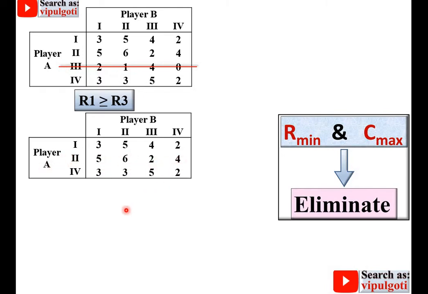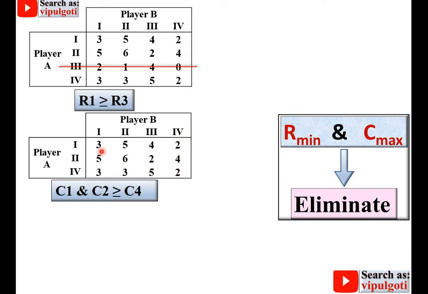Now once again look closely. I can say here C1 and C2, that means column 1 and column 2, are greater than or equal to column 4. That means each and every element of column 1 and column 2 is greater than or equal to the corresponding element from column 4.